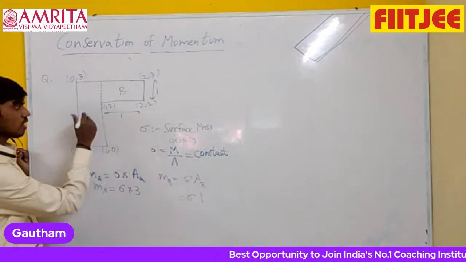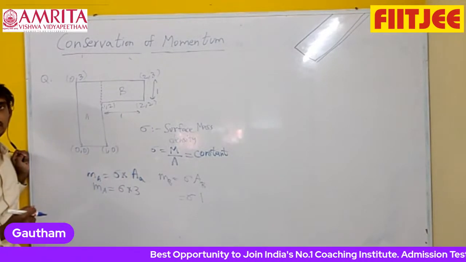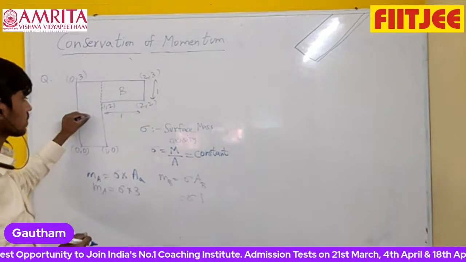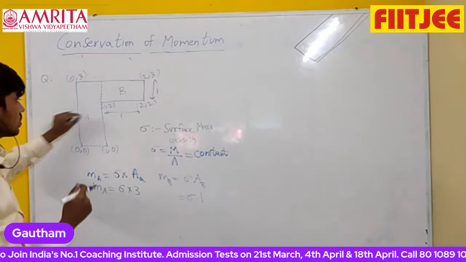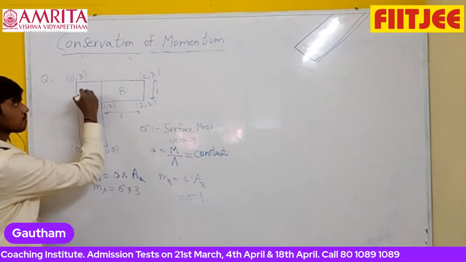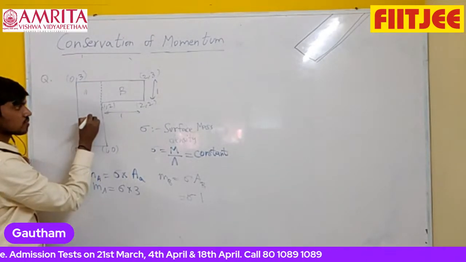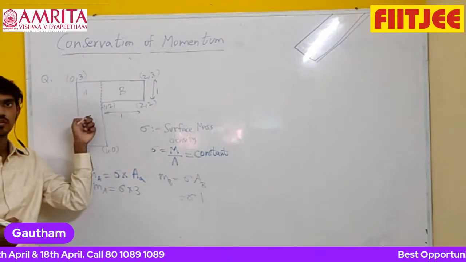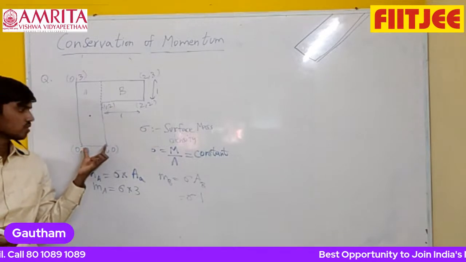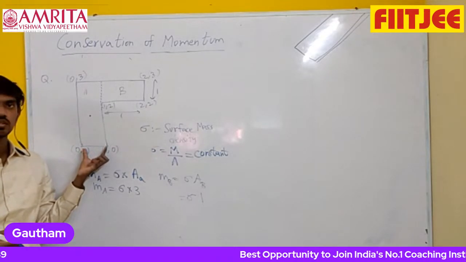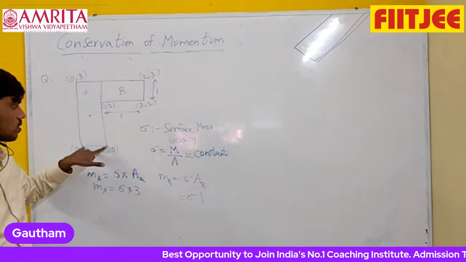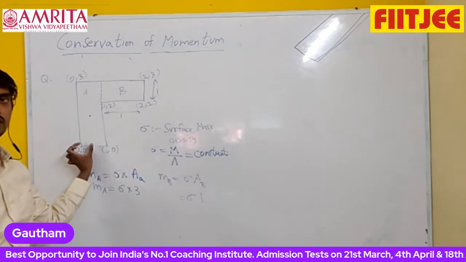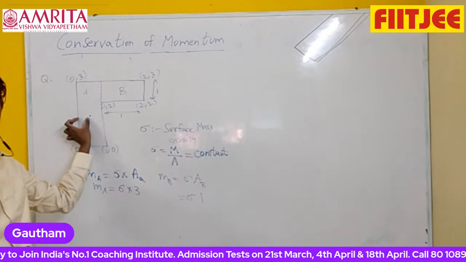Next is you have to find center of mass of A and B. So L-shaped body ku direct கண்டுபிடிக்க முடியாட்டி இந்த first body க்கு மாத்திரம் center of mass என்ன? So this body A, center of mass will be exactly at the center. X coordinate வந்து, total length is 1, so x coordinate will be half from here.